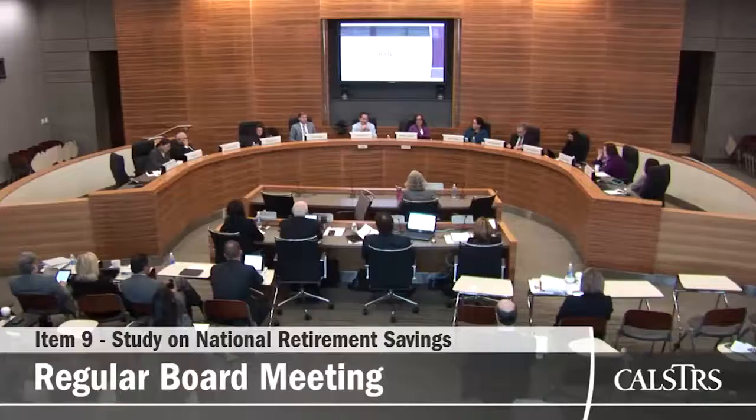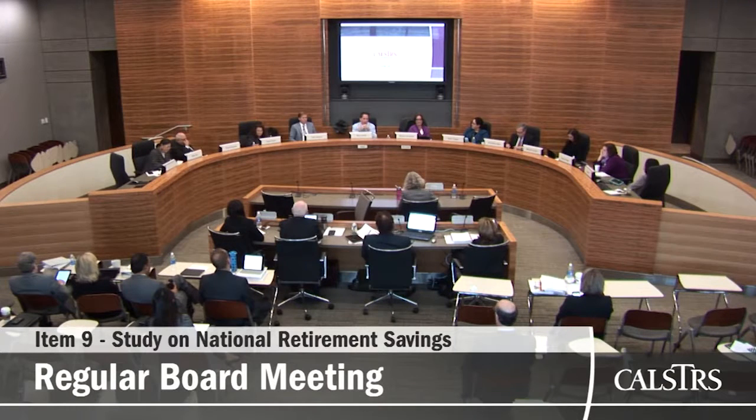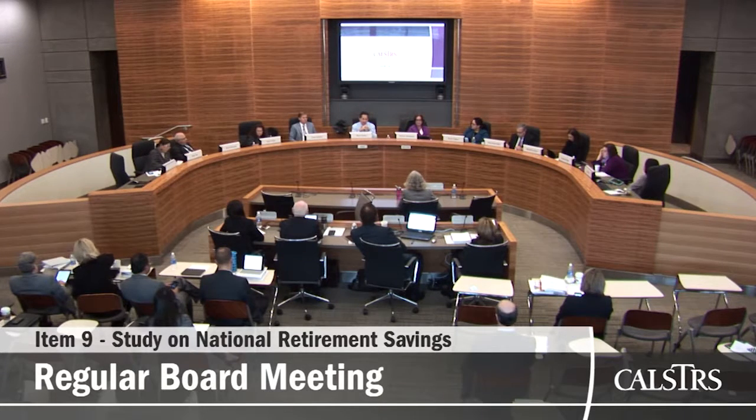The longer you wait, the more costly it is for you to save. We probably all could sit around here and say, boy, I wish I knew when I was 25 what I know today. Everybody in the room could probably say that. You lose out on the power of compounding. You lose out on the tax advantages of putting away additional income.